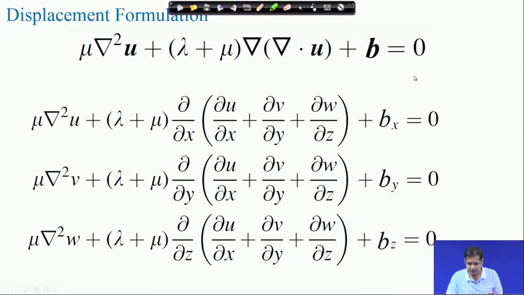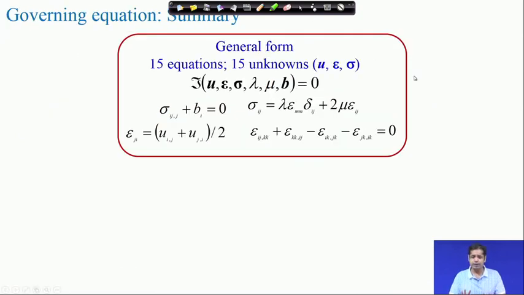Now, let us summarize these equations. If you recall, we started with a very general form where we had 15 equations and 15 unknowns. And what are the 15 unknowns? We have 3 displacements, 6 strains, and 6 stresses. This is 3, this is 6, and this is 6, total 15 unknowns. And then we have 15 equations. What are the 15 equations?